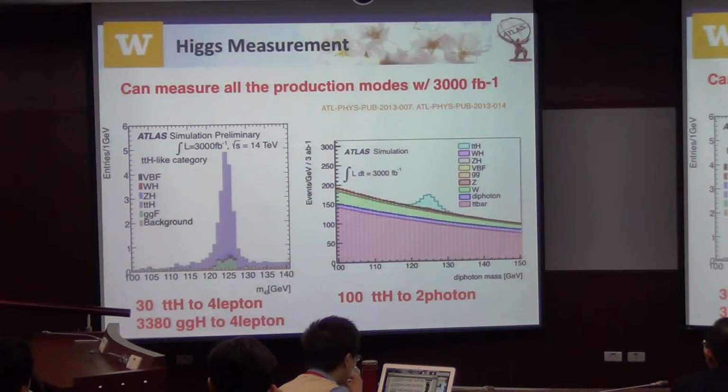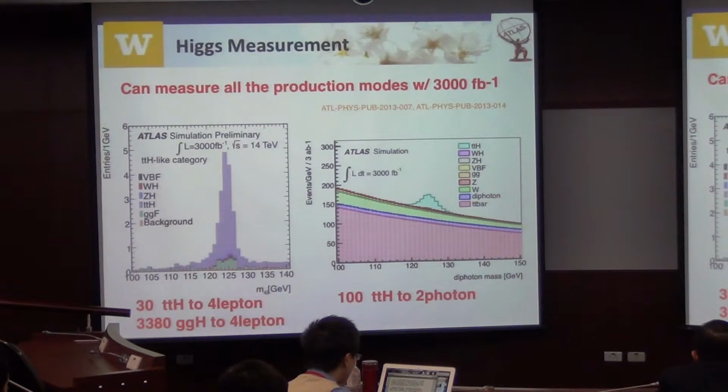We could collect roughly 100 events of ttbar Higgs production where the Higgs further decays to 2 photons, and roughly 30 of ttH production where the Higgs decays to 4 leptons. This gives you some idea: if the measurement of the top coupling to the Higgs is a very important number you want to know, you really need a long time to get it. It's not something you can get 10 years from now.